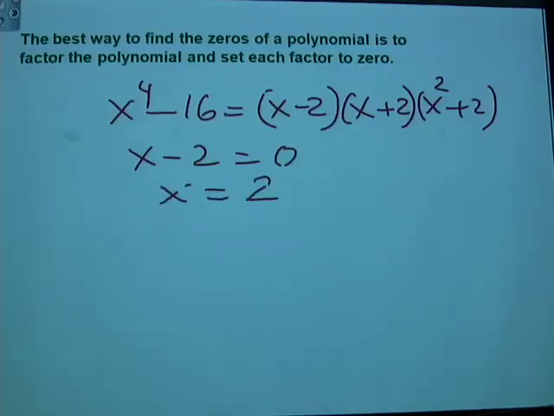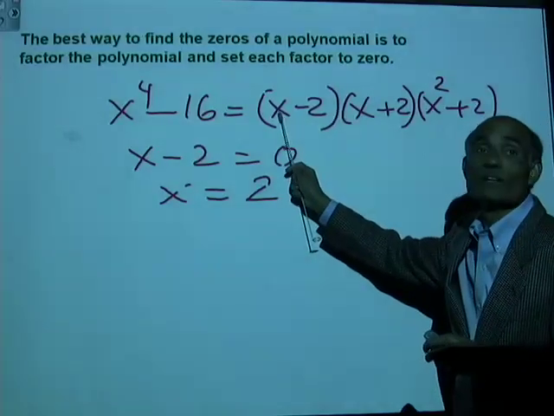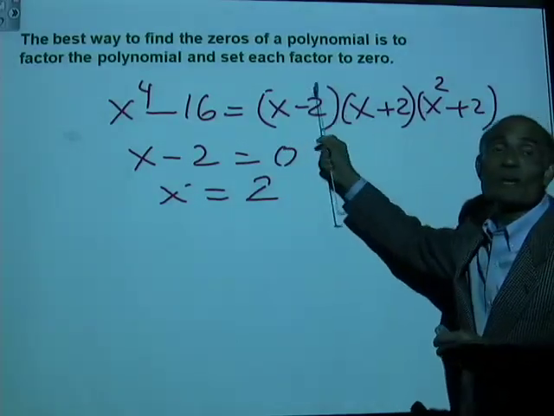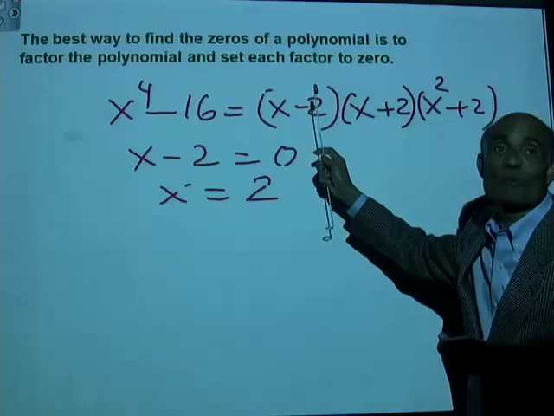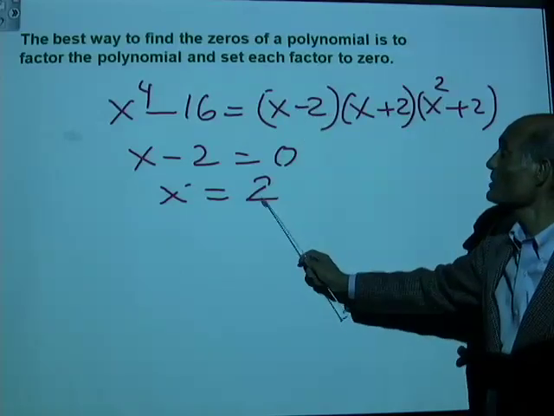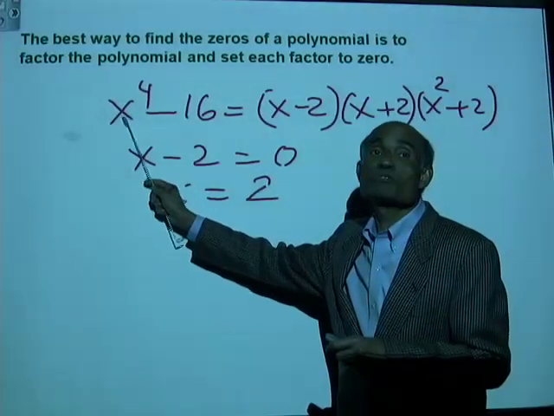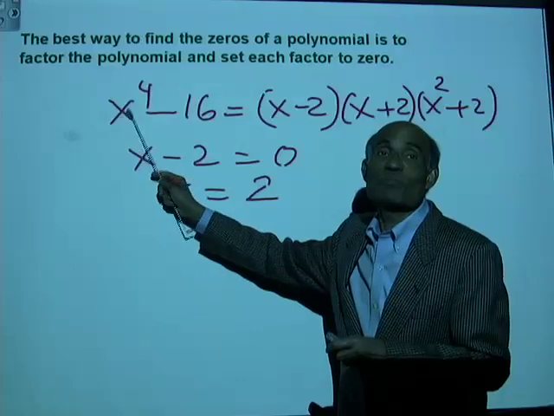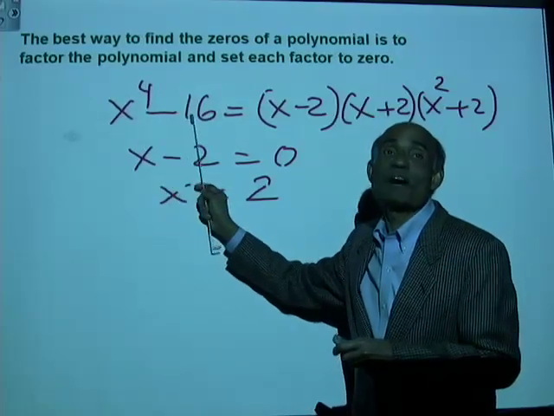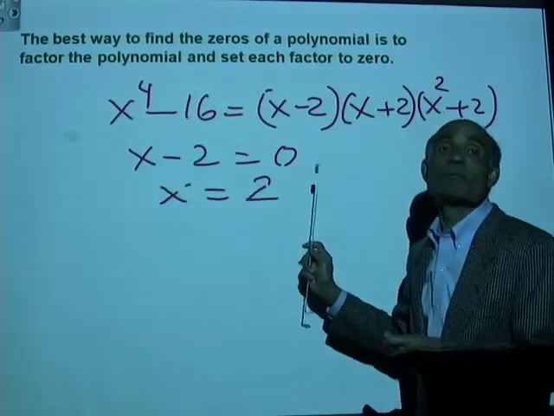So, x equal to 2 is a 0, means if you put x equal to 2 here, the value of the polynomial will be 0. Is that right? For example, what is 2 to the power of 4? 2 to the power of 4 is 16. 16 minus 16 is 0.